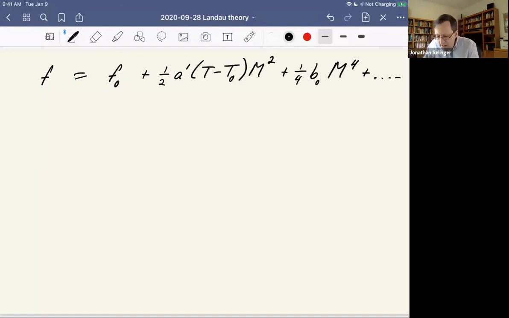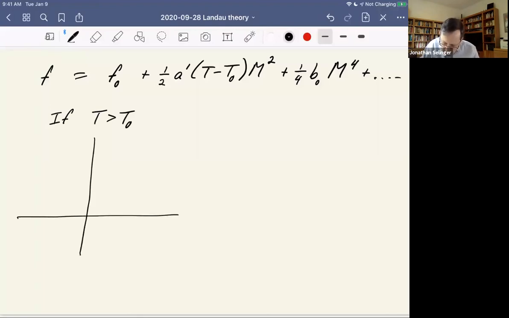Okay, now let's think about what this function looks like at different temperatures. So first, let's consider if T is greater than T0. In that case, I could make a plot for F as a function of M. So when M equals 0, this function starts here at F0.